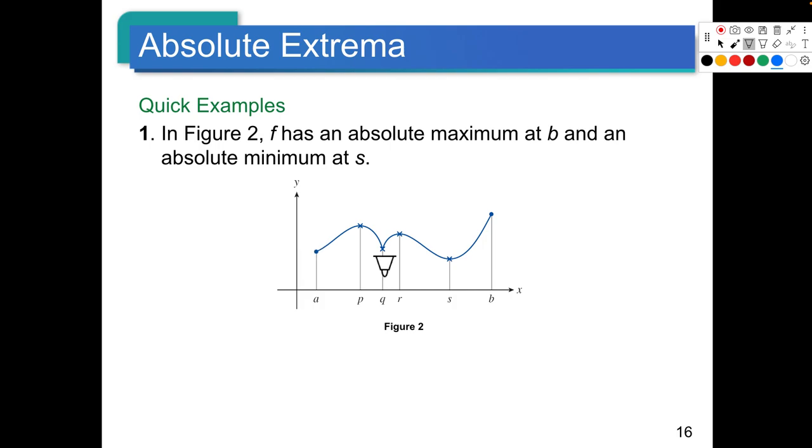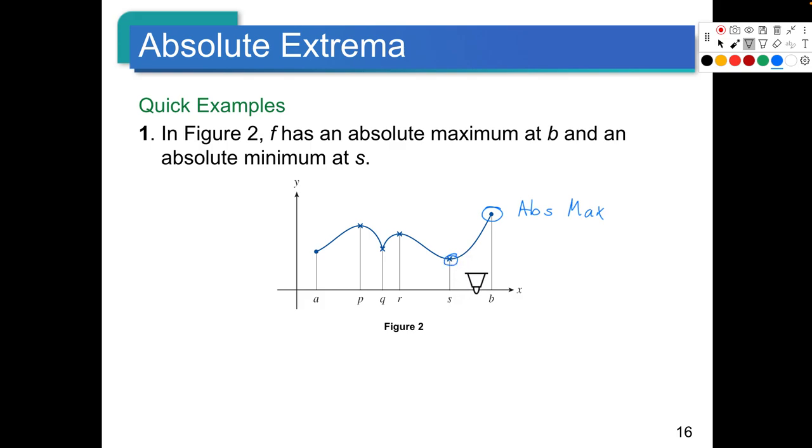So it has an absolute maximum at B. They identified that there's only one, not that there are 2 of them. So there's only one absolute maximum. We just identify it as the absolute max. And then the absolute minimum is right here, because this is a little bit lower than all the others.